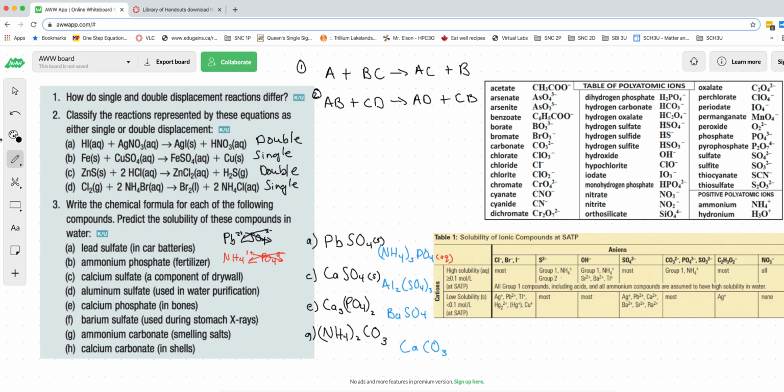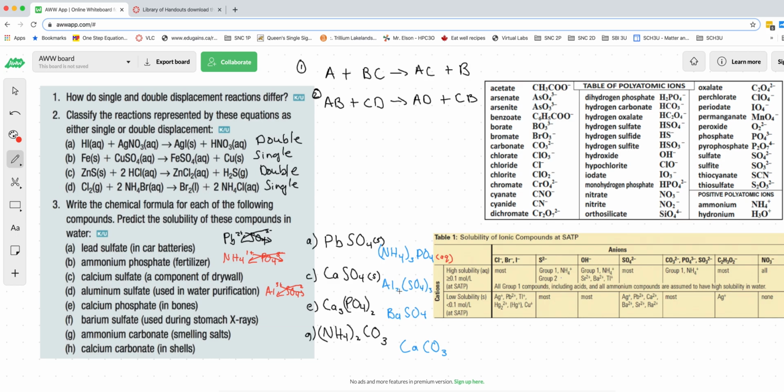Now I crisscross here with aluminum and sulfate. Aluminum is in group 13. It wants to donate 3 electrons. Sulfate, again, can only accept 2 electrons according to our polyatomic ion table. So once you crisscross, you have to apply the brackets outside of sulfate with the 3.